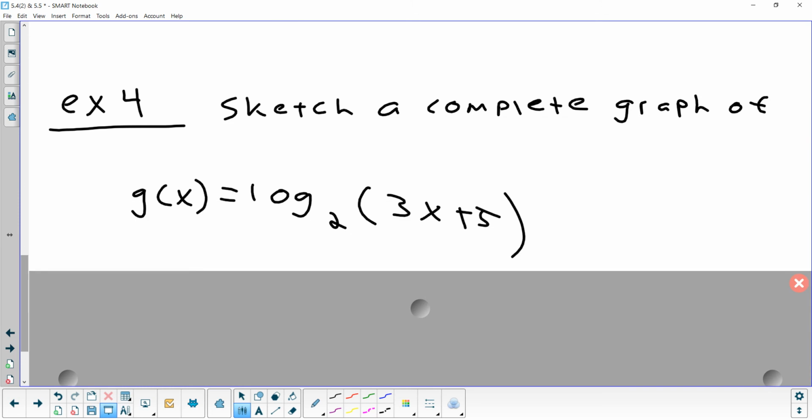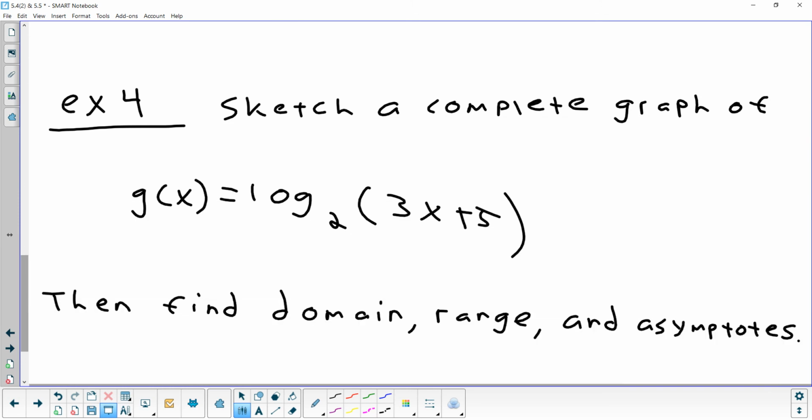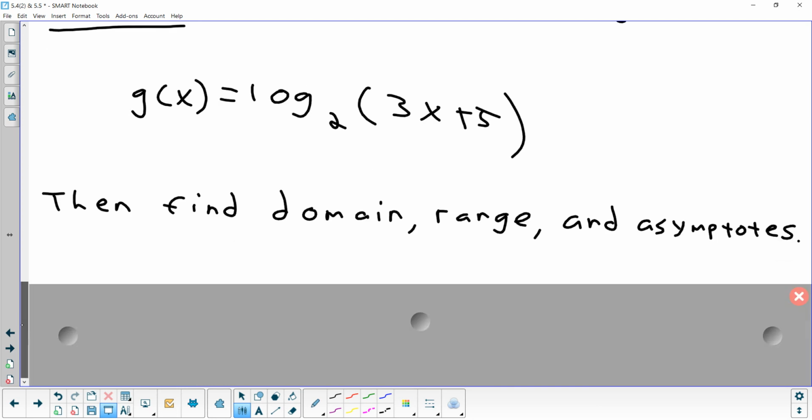All right, so let's see if we can sketch this. Log base 2 of 3x plus 5. Okay, find the domain, the range, and the asymptotes. Well, log functions only have one kind of asymptote. What's the kind of asymptote that you always have in a log function? Yeah, it's just a vertical. Okay?